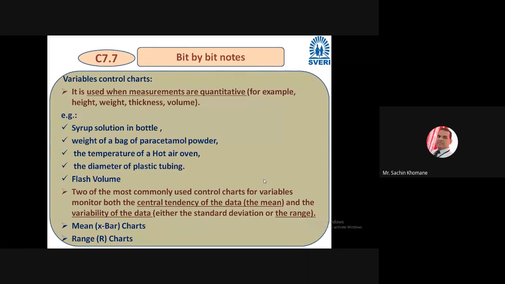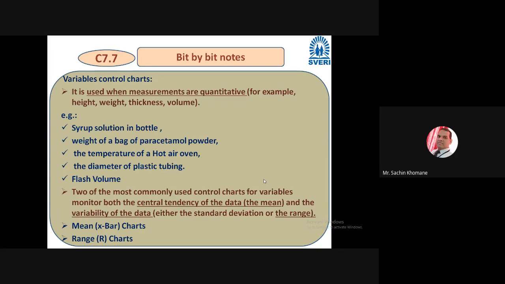Can somebody tell me how to calculate mean or how to calculate range? First tell me how to calculate mean, arithmetic mean. Put it in the chat box.